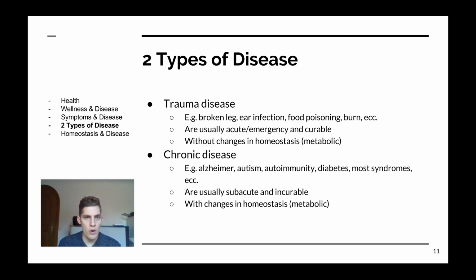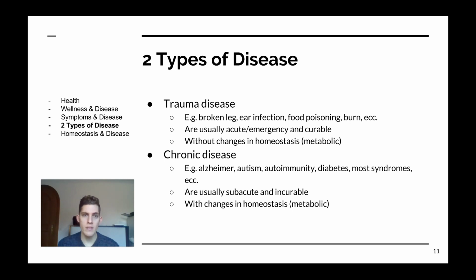On the other hand, we have chronic diseases. Examples are all diseases which are not generally considered curable. So a disease such as Alzheimer's, Parkinson's, epilepsy. We can say all autoimmune diseases, metabolic diseases such as blood pressure or cardiovascular issues, diabetes, and also many more.